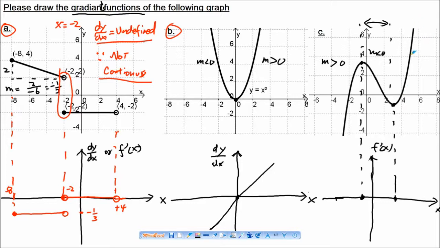At your right hand part, the gradient is greater than 0 again. So the gradient at the left and right parts has to be greater than 0, and in the middle, the gradient is less than 0. Here is the gradient graph of your function.